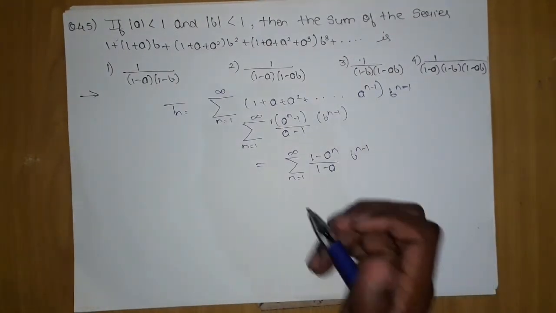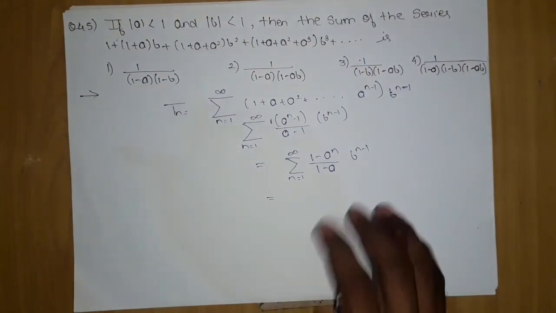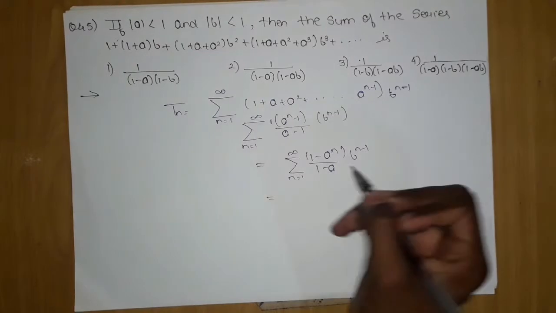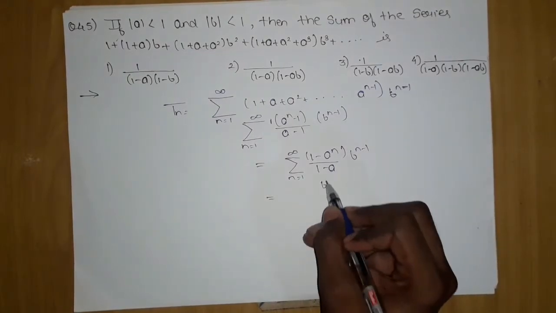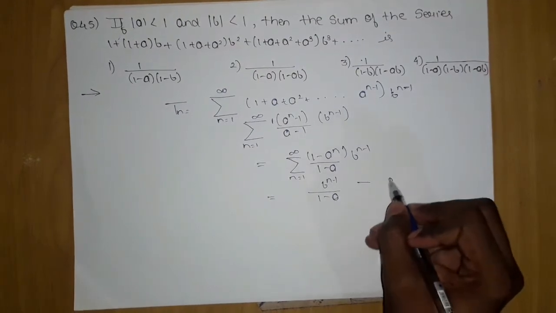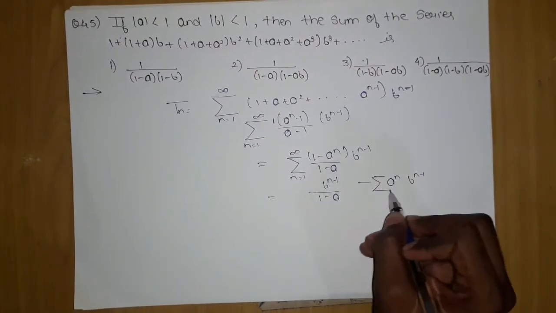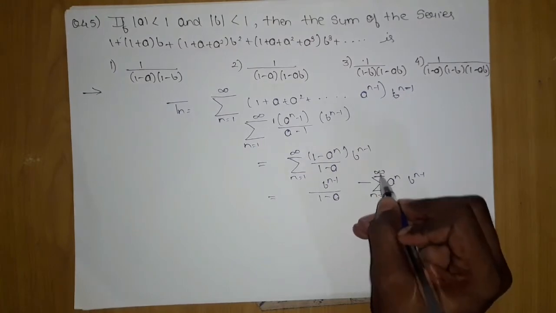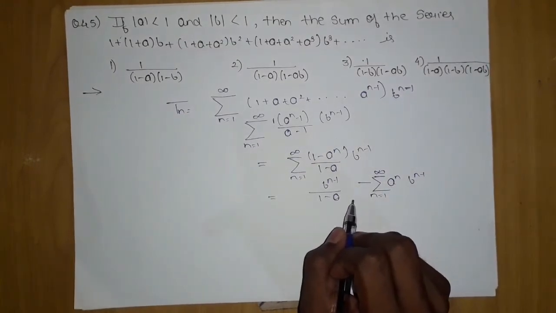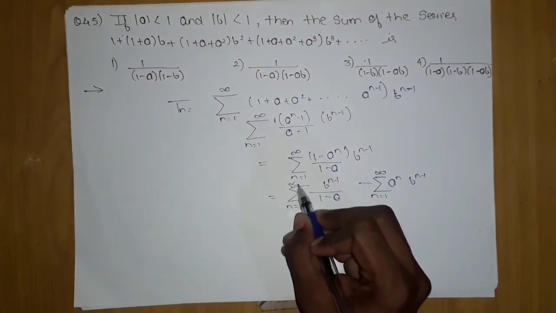After this, we will separate out the things by multiplying this with b power n minus 1. So b power n minus 1 upon 1 minus a power n into b power n minus 1. Summation will be there in both, 1 to infinity, and similarly here n equals 1 to infinity.